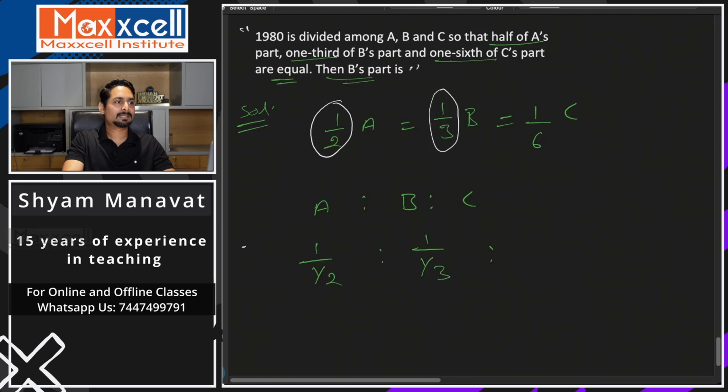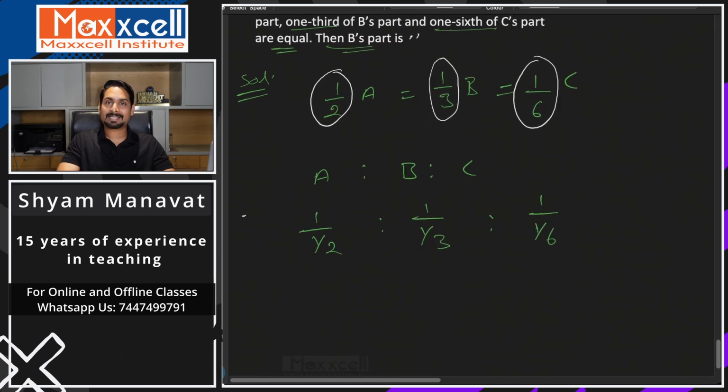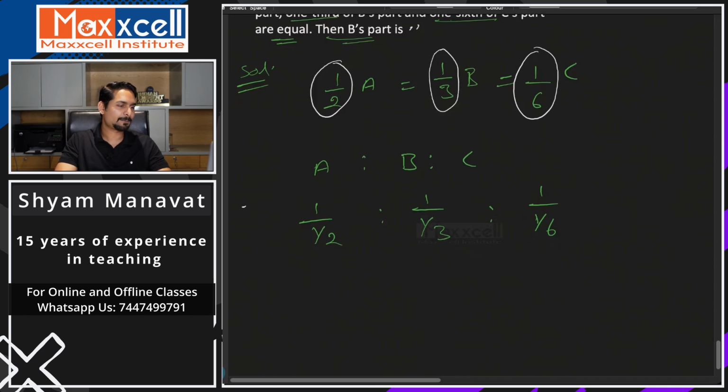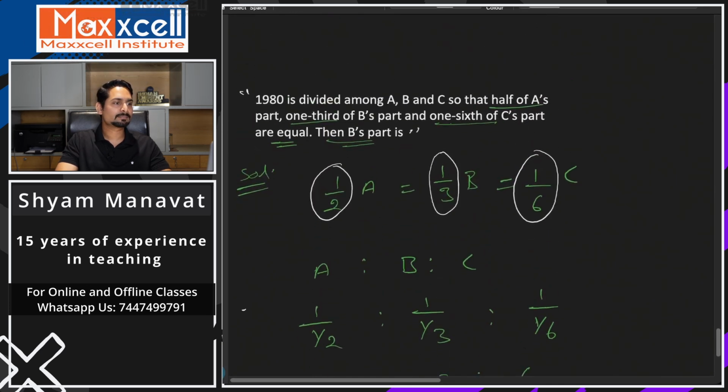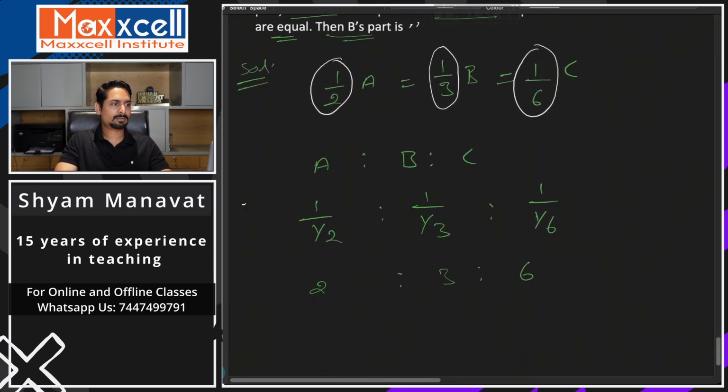And for C, 1 upon the number which is in multiplication of C, that's 1 by 6. Now, as I have told you earlier also, the denominator will go into the numerator. So this will become 2 by 1, this is 3 by 1, and this is 6 by 1. Great. So you got the ratio of ABC.